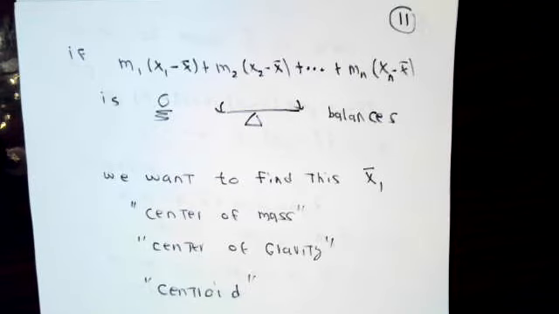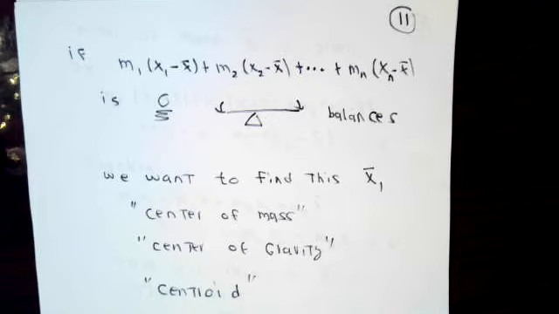If I want to make x bar the place where the system balances, where the negative contribution is exactly canceled out by the positive contribution, I want that quantity that I just calculated to come up 0.